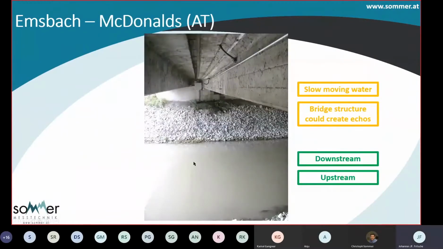Then a similar installation at an artificial channel where the RQ instrument is installed underneath the bridge.